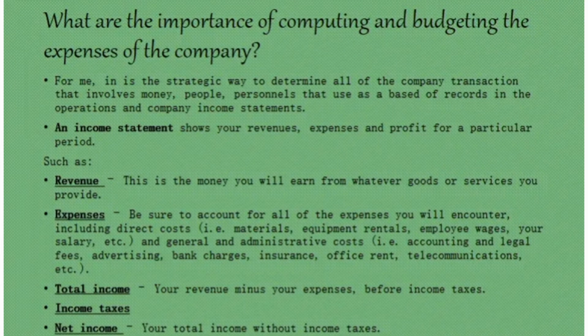Now, we're going to start first with revenue. Revenue is the money you will earn from whatever goods or service you provide. Example, you are going to sell a product to your customers. That income is included as revenue, or what we call profit or revenue.